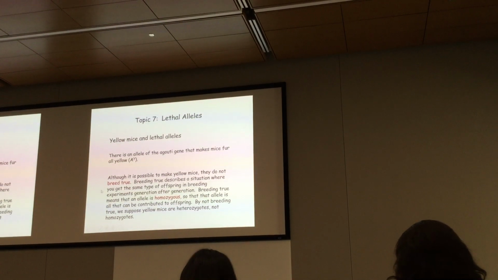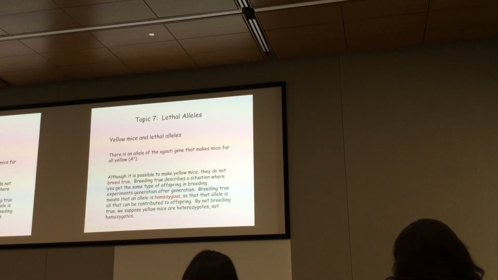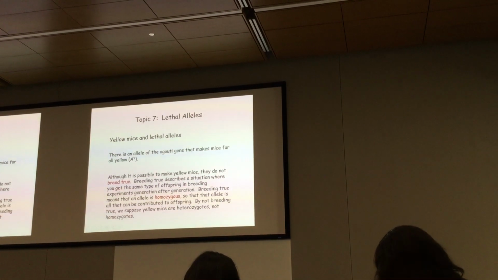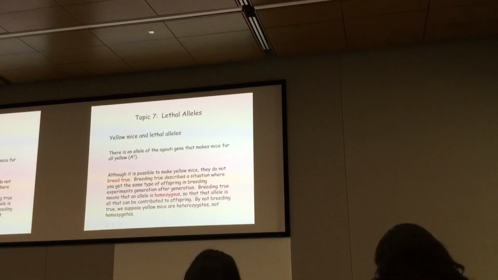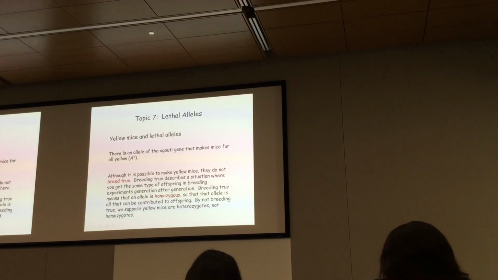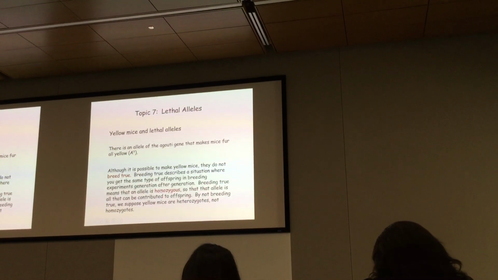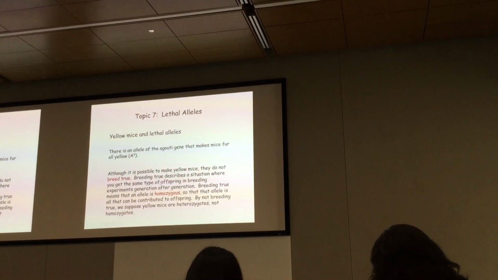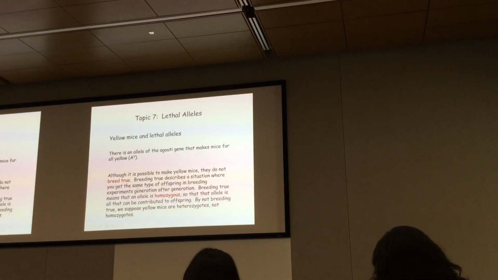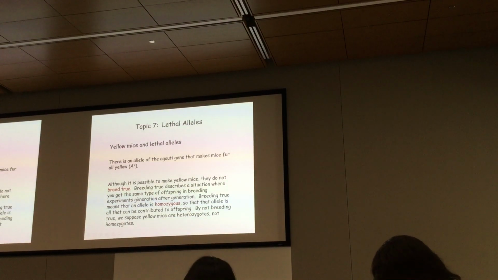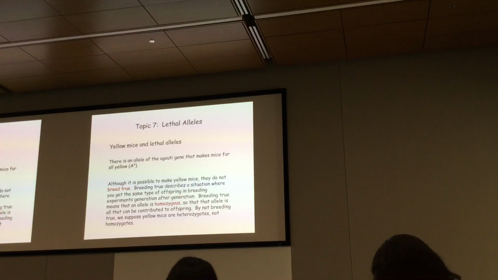It's important to remember that when things don't breed true, it's often a signal of heterozygosity for some gene that you're looking at, right? So breeding true means an allele is homozygous. Not breeding true means there's something wrong with that idea, and heterozygosity might be the answer. So that's a characteristic of yellow mice. They don't breed true. Like those Andalusian chickens, they don't breed true.